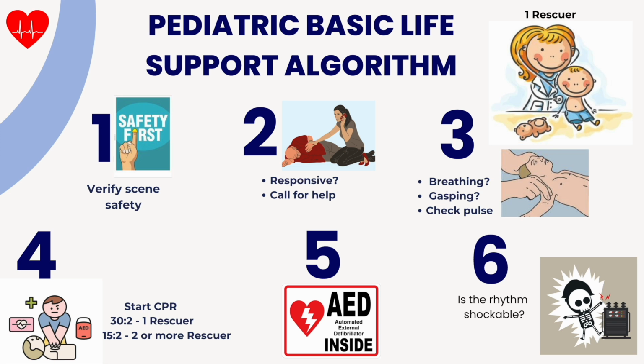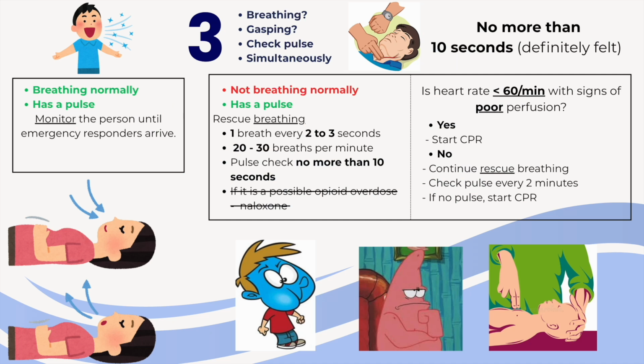The third step is to assess breathing and pulse. Please remember the pulse check is different for infants and children. We already discussed that. If the victim is breathing normally and a pulse is felt, activate the emergency response system if not already done. Monitor the victim until emergency responders arrive.